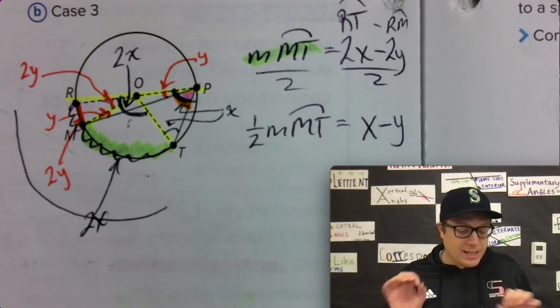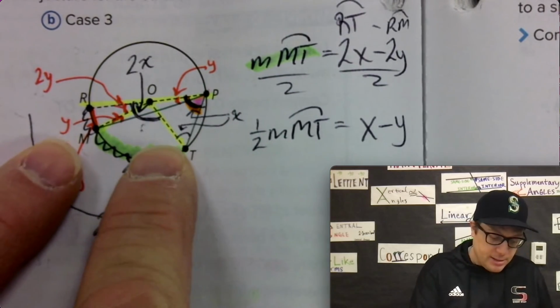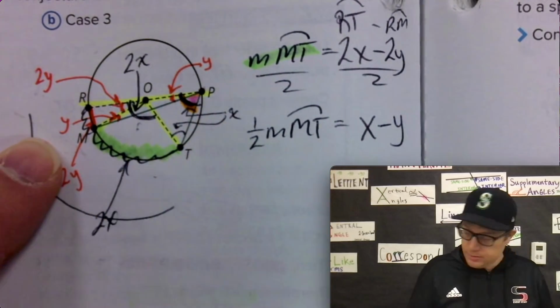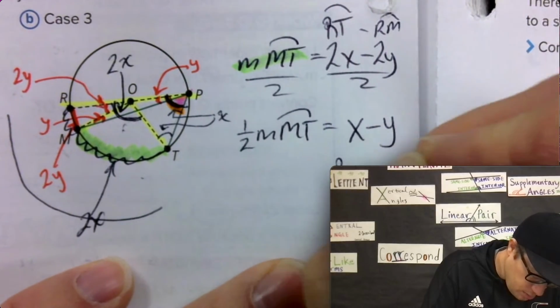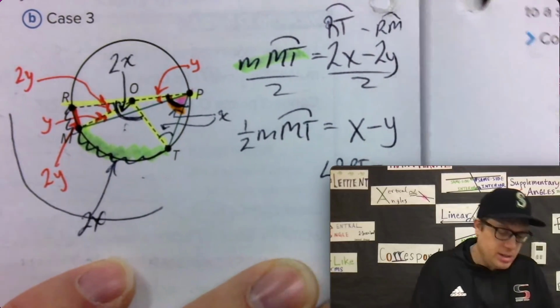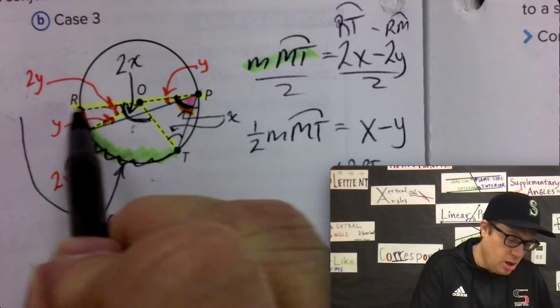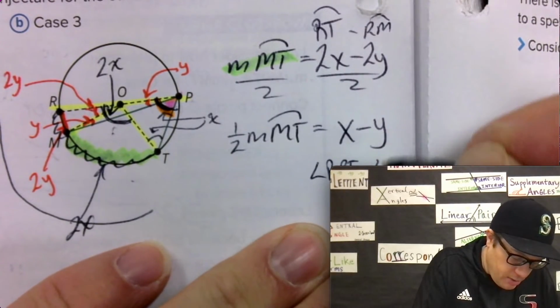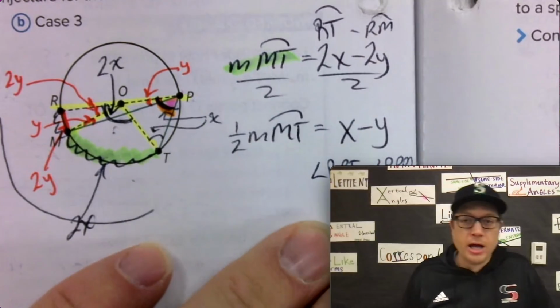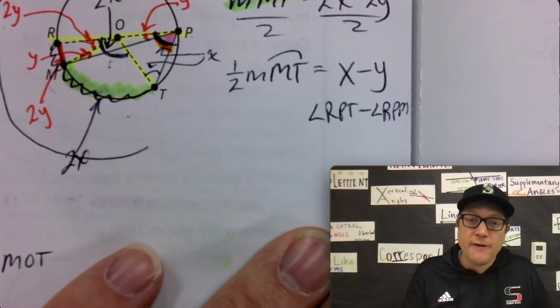So we can say that x, which is RPT, take away y, which is RPM, and that's going to give us the leftovers.